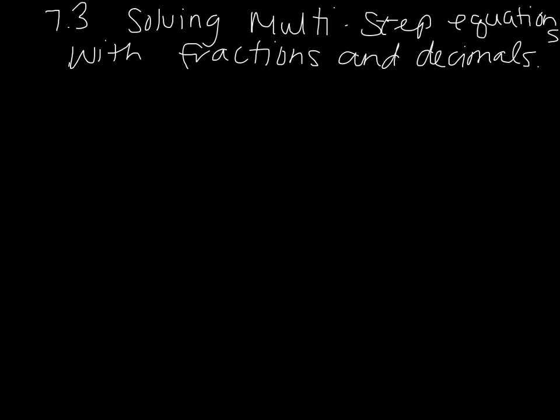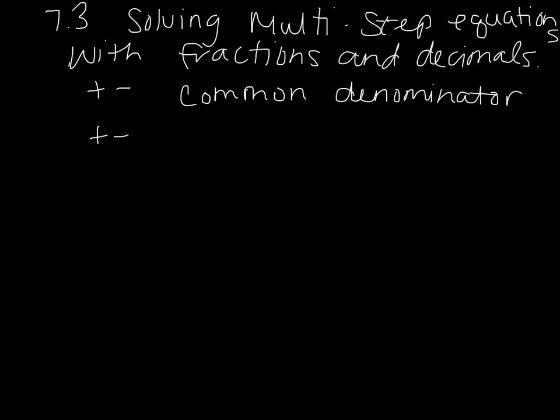Okay, you guys, we have had so much practice with fractions and decimals. Things you need to remember when we're adding and subtracting fractions: common denominator. When we're adding and subtracting decimals, line up the decimals.